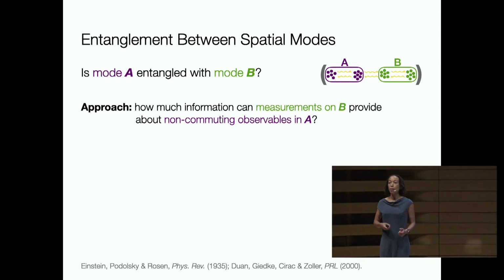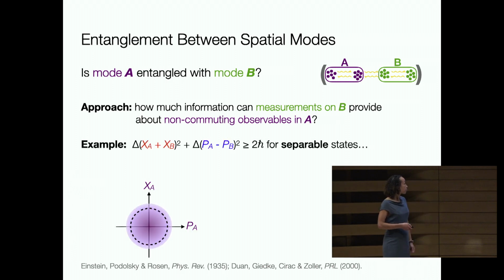And particularly, how much information can I gain about non-commuting observables in this subsystem A? So we can rely on some things we know from Heisenberg uncertainty relations. If this were a separable state, so A and B were unentangled, then I could write down some lower bound on the uncertainty in the sum of the x's.